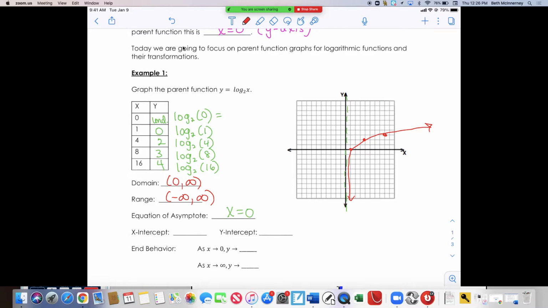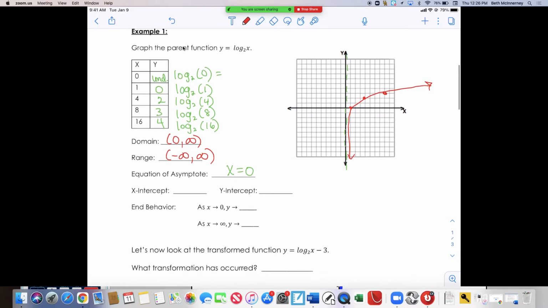My x-intercept, where is this graph crossing the x-axis? 1, 0. There's no y-intercept. And then watch my end behavior. The end behavior is what's happening at the ends to the left and to the right. So look at this one. Notice it's not going to infinity.